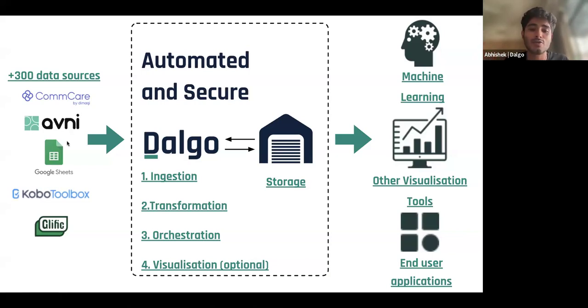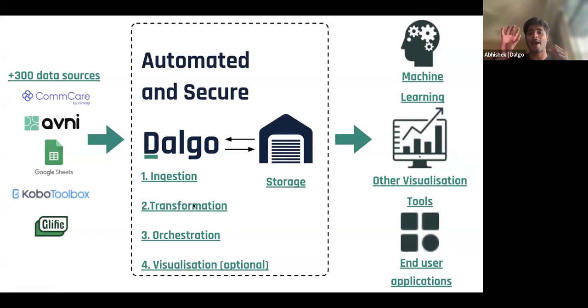What Dalgo enables you to do first is ingest or extract that data from all of these sources and pull it into a central location, which is your warehouse, right? So you can configure Dalgo to say I have sources Comcare, Google Sheets, Glyphic, and pull data from all of these sources and put it in a central warehouse. So that's the first functionality that Dalgo serves.